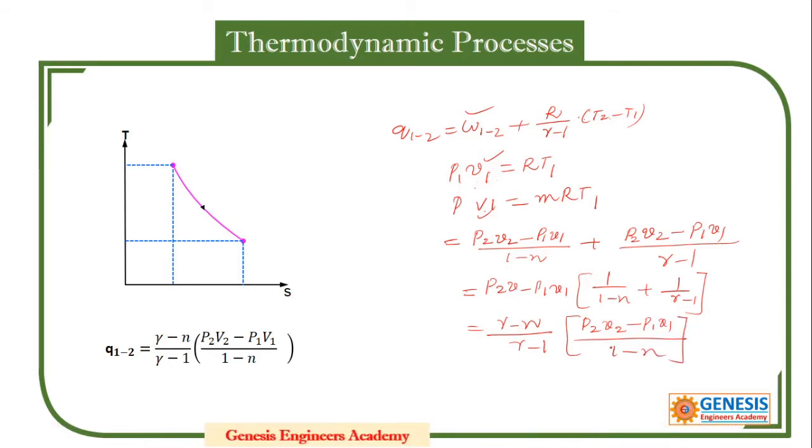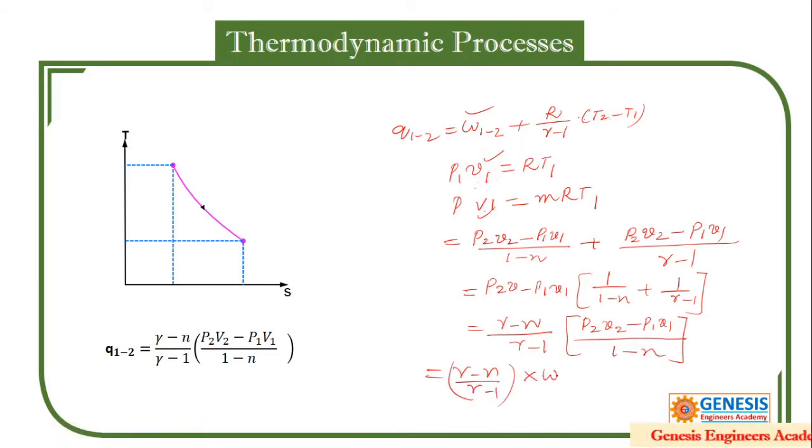Okay, so can I replace this as (gamma minus n) by (gamma minus 1) as a factor into work done in a polytropic process? Got it? So simple. If you learn how to derive this one, this may help you in deriving the efficiencies or anything while you are studying cycles.